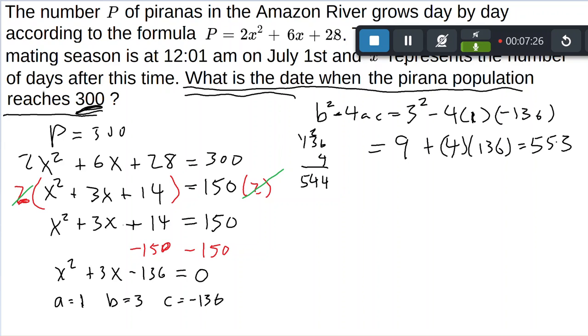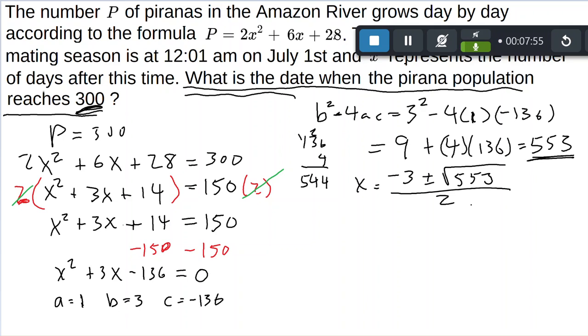553. Great. Now, according to the quadratic formula, x is negative b. What's b? 3. Plus or minus the square root of 553, right? That's the discriminant we calculated above. Over 2a, and a is 1, so in the bottom you have 2 times 1, which is of course just 2.